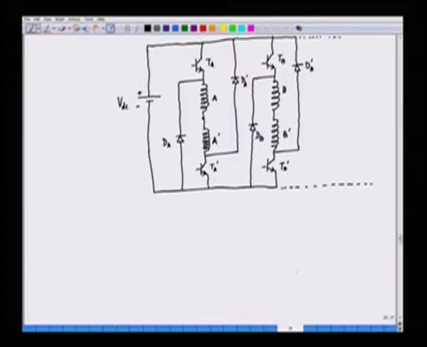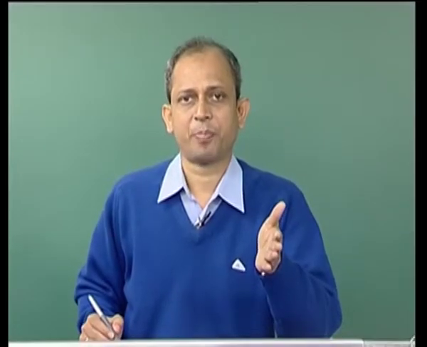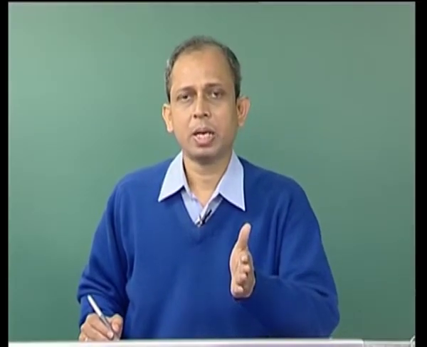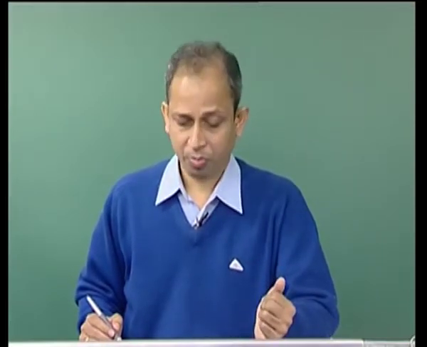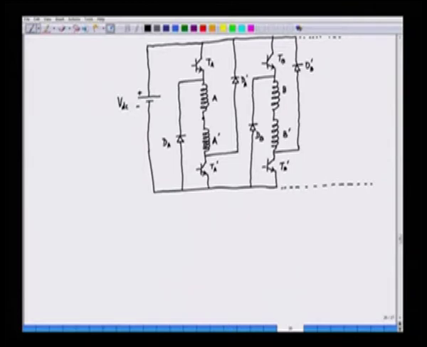So, we turn on, let us say, if we talk about phase A, now if we concentrate on phase A, when we want to apply a positive voltage, we turn on TA and TA prime. In this case, if you turn on TA and TA prime, the current through the winding will be flowing in the following fashion. This is the current through A and A prime.